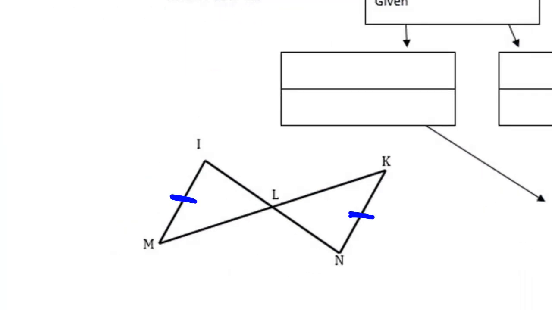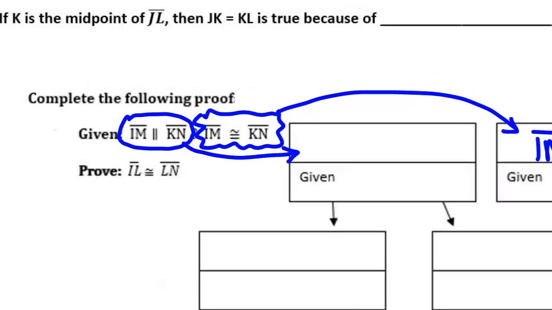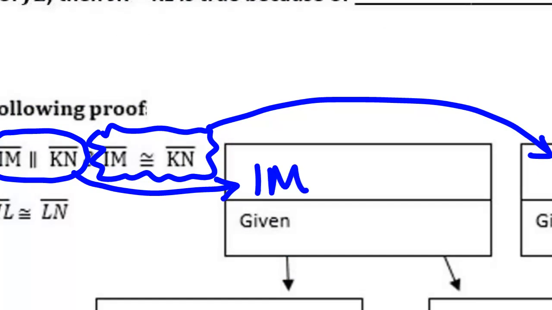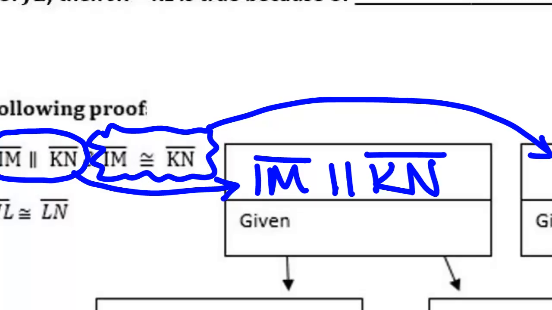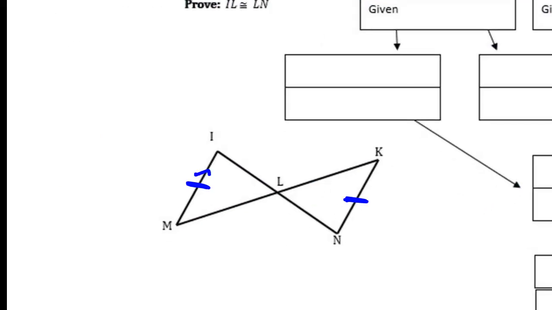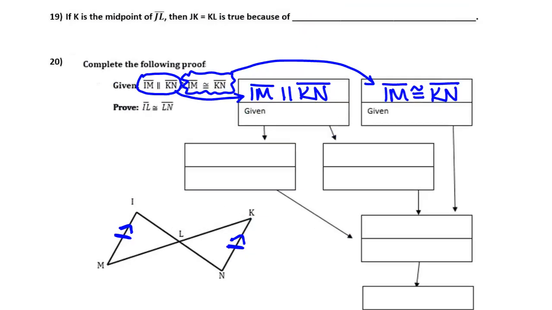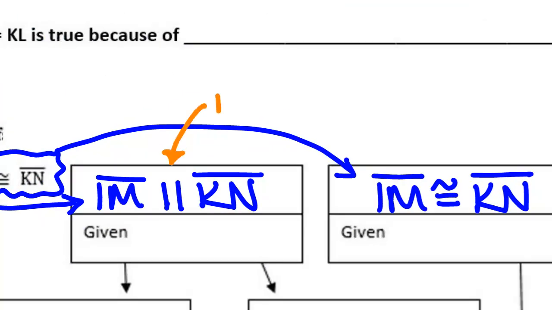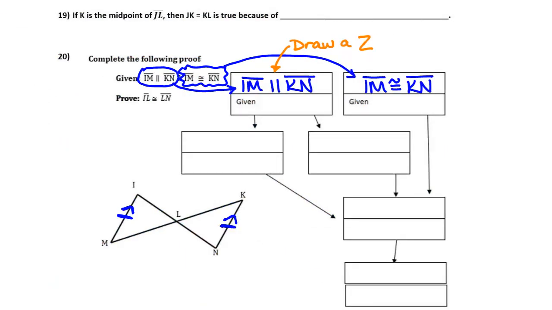Let's mark them as congruent on the picture. But from IM parallel to KN, I can get some more information. What shape do we draw when we see parallel? Draw a Z. When I come in and I draw my Z, I have to go over the parallel lines and connect them with the transversal.